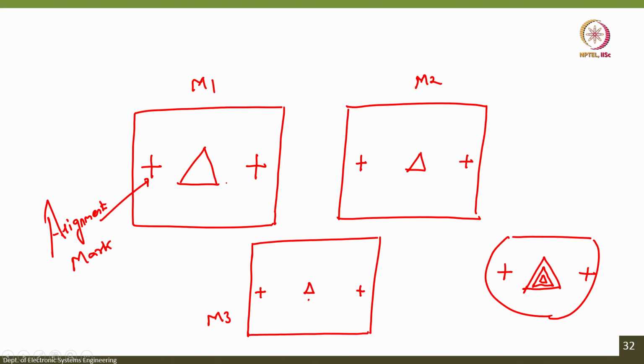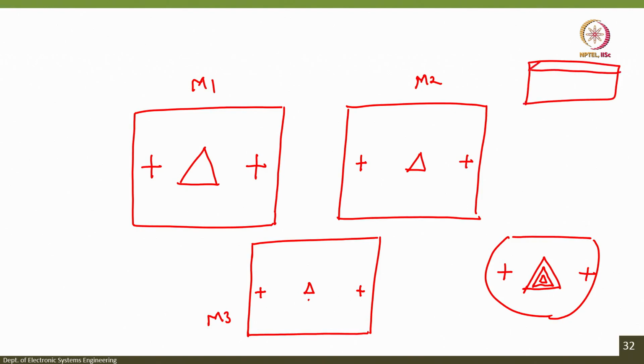So, the first time when you take the wafer, spin coat with photoresist and then align with mask 1, what will you do? We have a wafer, an oxidized silicon wafer, let us say. I do not like my bad drawings as well.